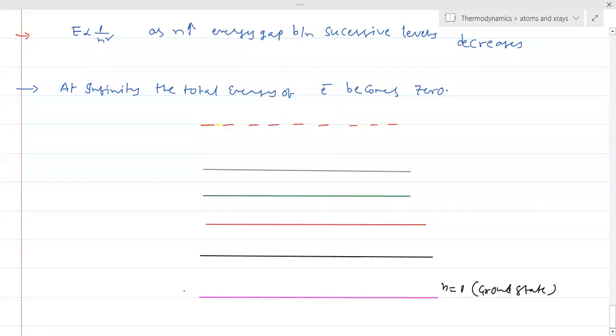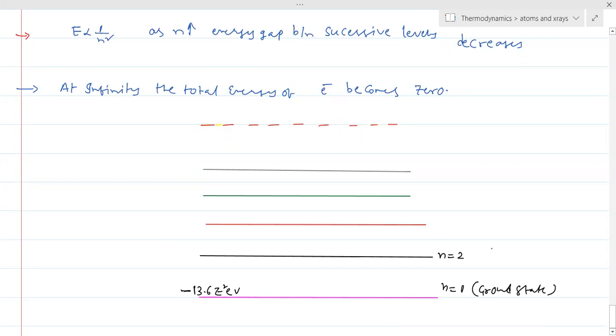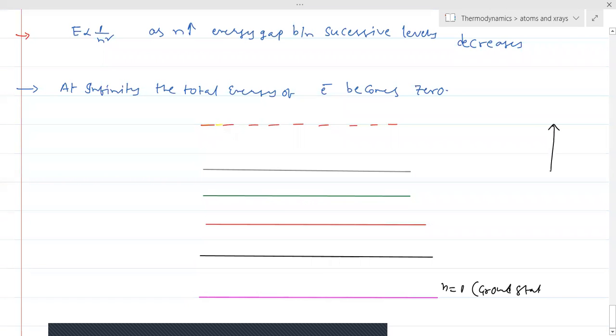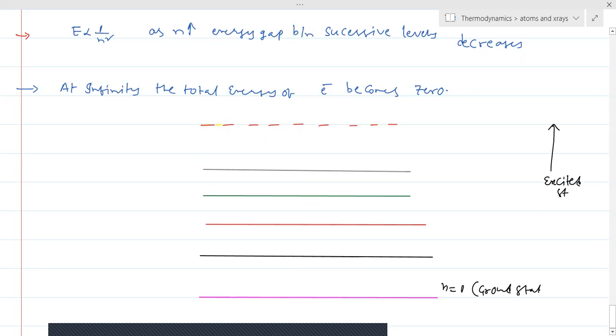For the ground state we write the value minus 13.6 Z square electron volts. From n equivalent to 2 onwards we call them excited states. All these levels are excited, everyone except the ground state.